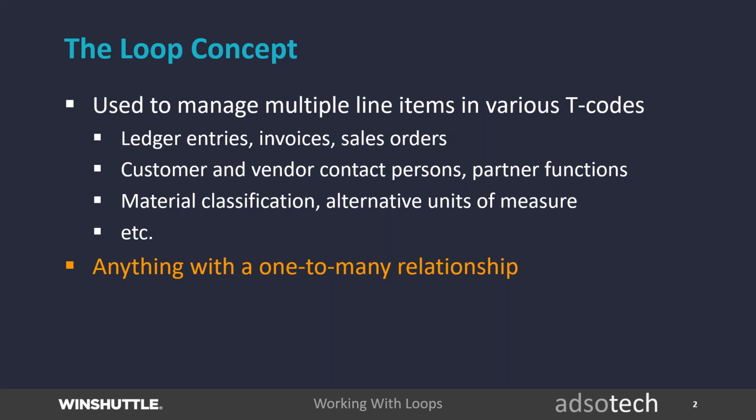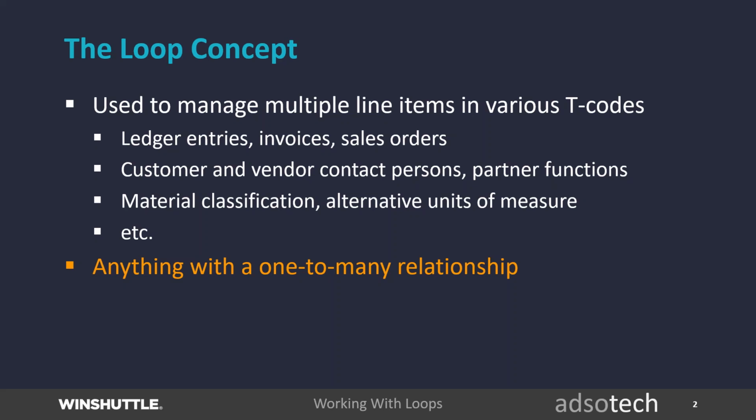What these all have in common is this one-to-many relationship, and that's the point of the loop, why we need a loop. For instance, sales orders, which will be the example we'll work through today. One sales order can have between 1 and X number of line items, and the number of line items varies between sales orders.